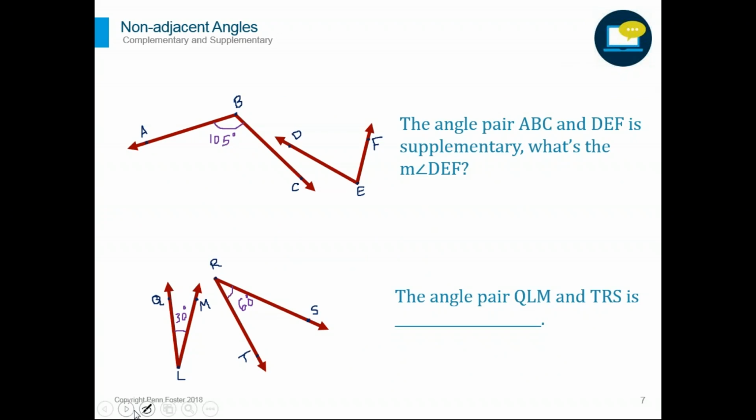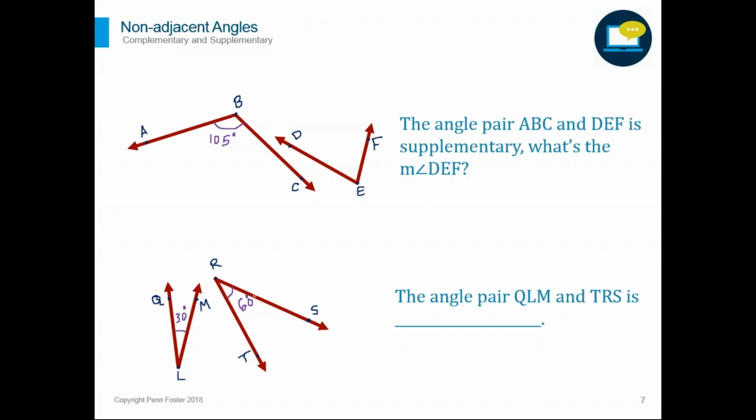What about non-adjacent angles? Adjacent angles share a vertex and a side or a ray. In these two figures, you will see that the two angles are separate, so they are not attached. So they are not adjacent, but that does not mean that they will never be supplementary or complementary. Again, supplementary or complementary depends on the sum of the two angles.